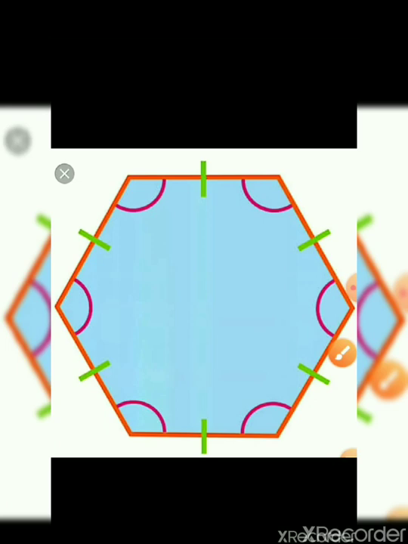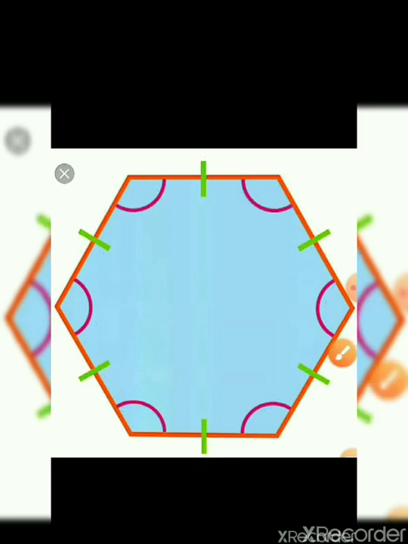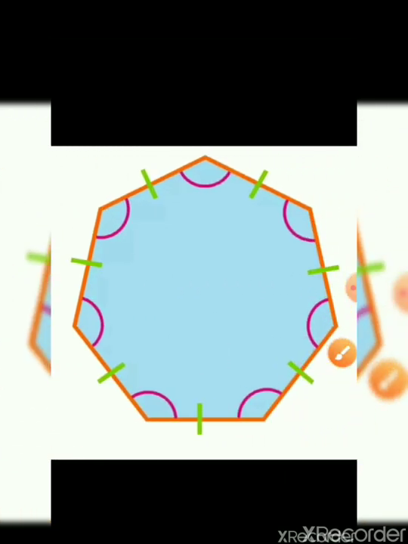This is a hexagon. It has how many sides? 1, 2, 3, 4, 5 and 6 sides. And how many angles? 1, 2, 3, 4, 5 and 6 angles. So it has 6 sides and 6 angles, and it is a hexagon. So in this, how many sides does it have?